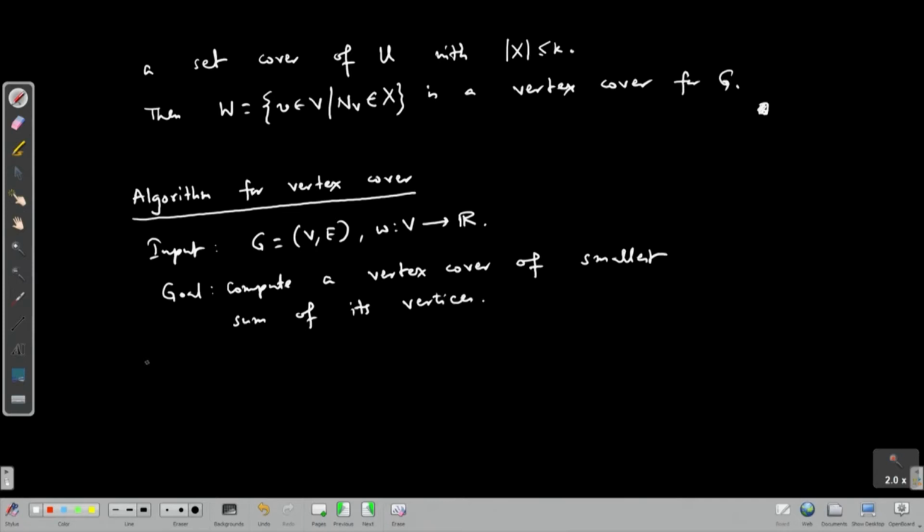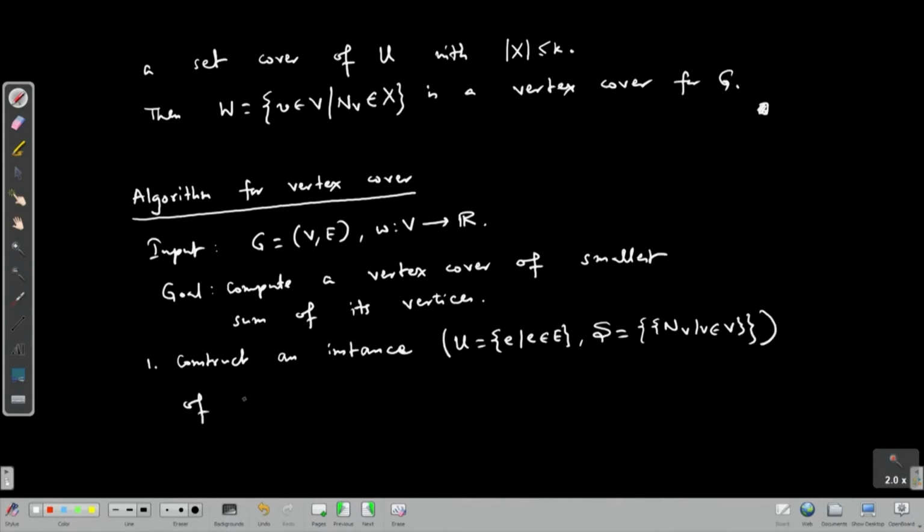Okay, so step 1, construct an instance: U equal to the edges e in E, and the collection S equal to N(v) for v in V. Construct this instance of set cover.